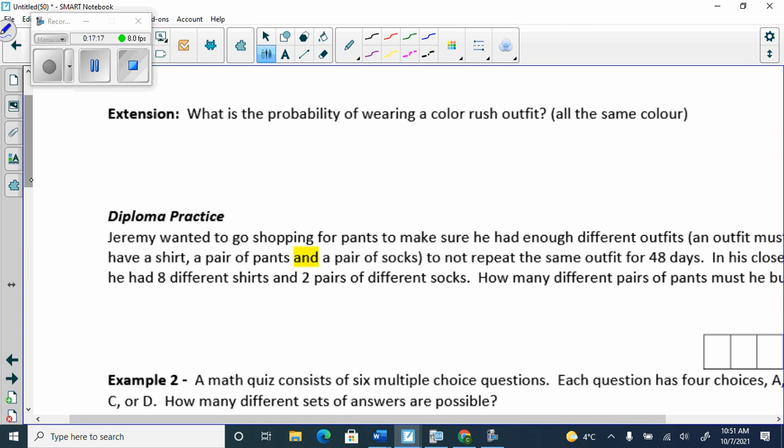The Colts would wear a light blue, right? So how many options do they have the same color the whole way through? There's only 1, right? It's red, because the socks are red, so to get a color rush, you'd have to have red in the other 2, and the only option I have for socks is red. So it'd be 1 out of 6.